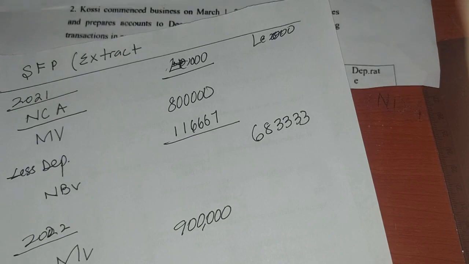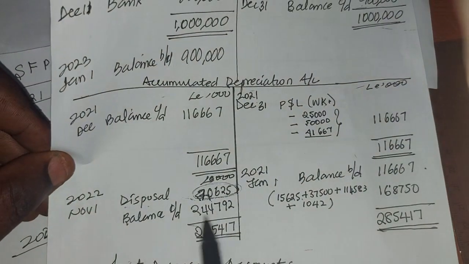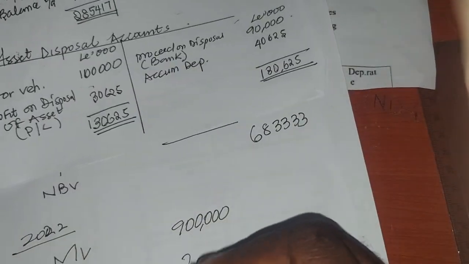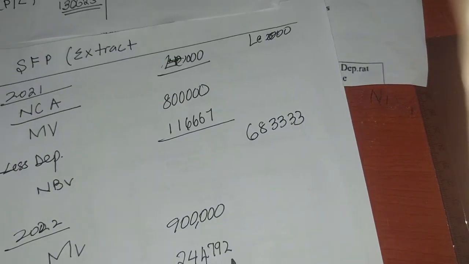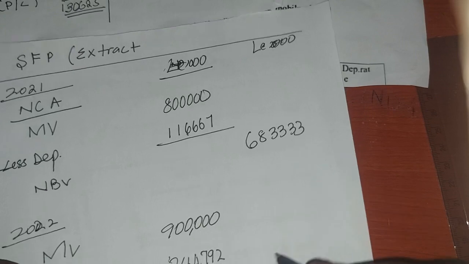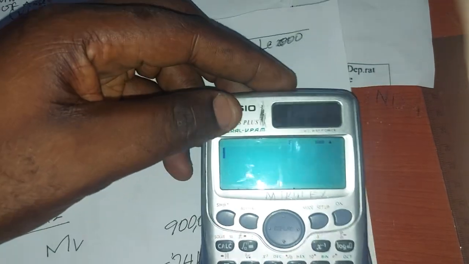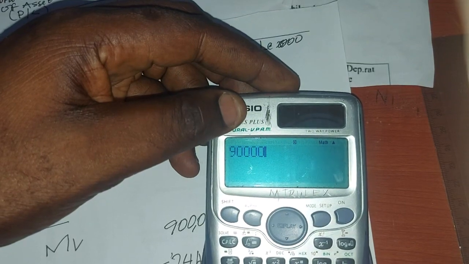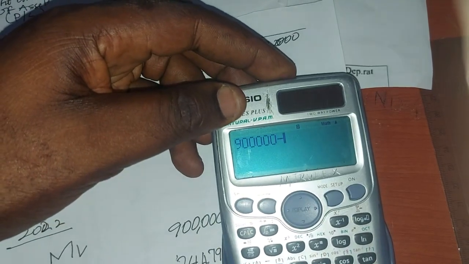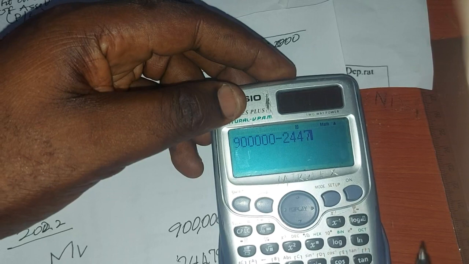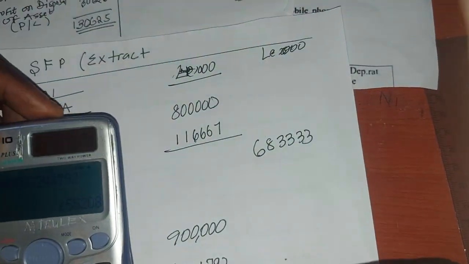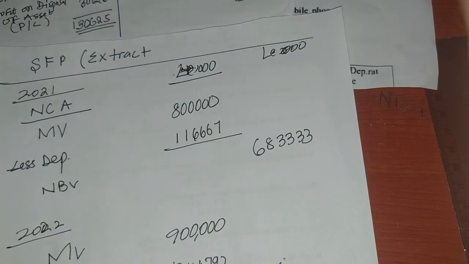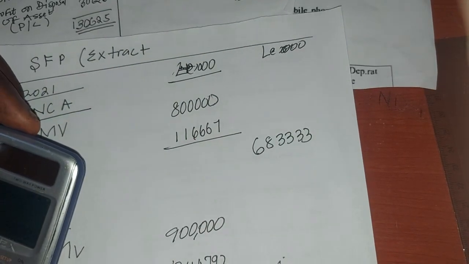Accumulated depreciation as at that time is 244,792. So when you less this, we have 900,000 minus 244,792, and the net book value will be 655,208.